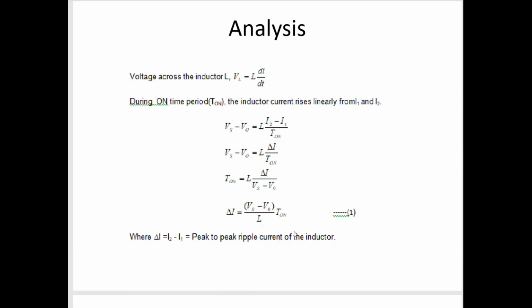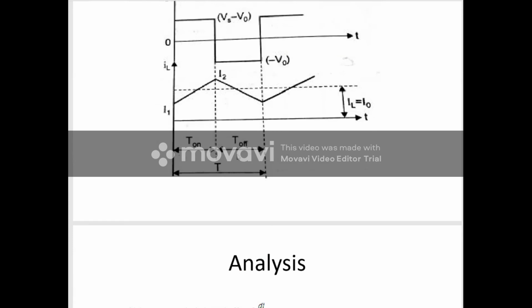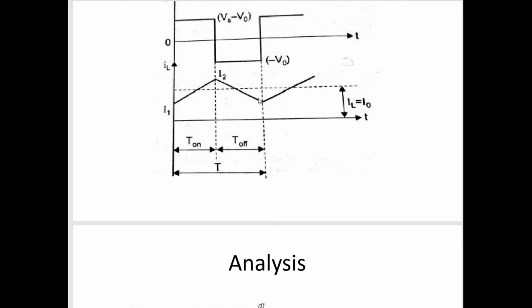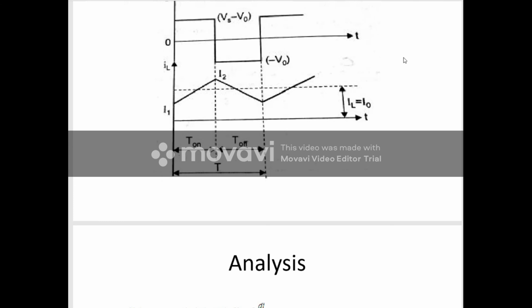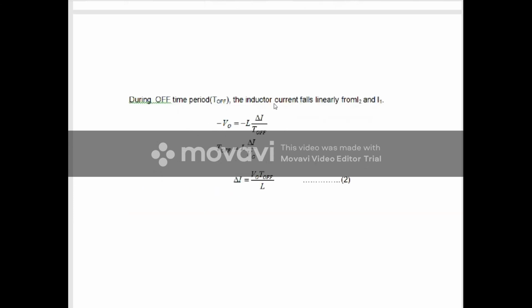Similarly, we have to write one more equation during the off time. During T off, what is the current flowing through the inductor? The current decreases from I2 to I1. At that time, what is the voltage across the inductor? Minus V0. During the off time the inductor current falls linearly from I2 to I1.